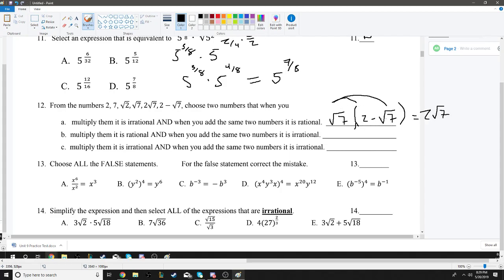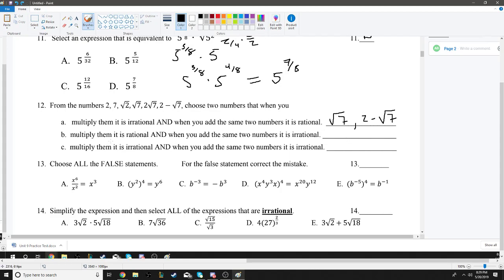And √7 times negative √7, the roots undo each other, and you just have 7. So we multiplied them, and we got an irrational number. Okay, and if you were to add them, we have a √7 minus a √7. They would cancel and just be left with 2. So those are our two answers.